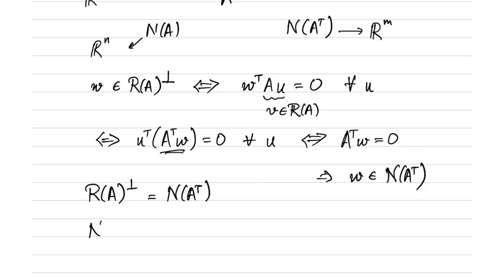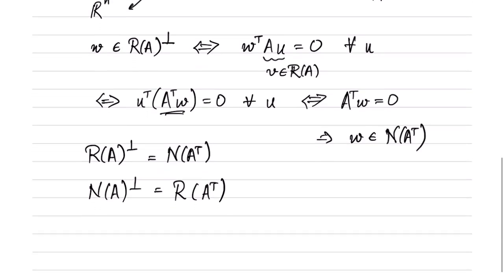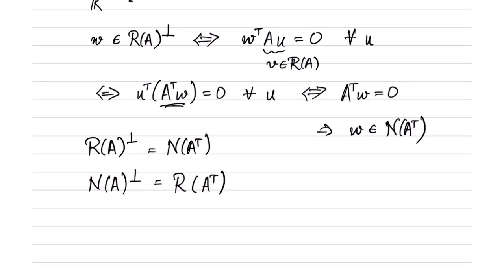And likewise, we should be able to establish in the same way that the orthogonal space to the null space of A is the range space of A transpose. So this is the relationship between two pairs of spaces.